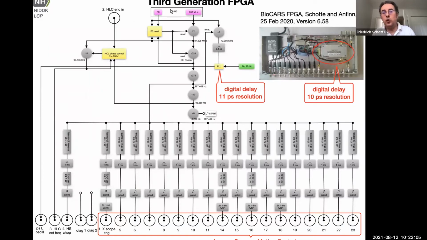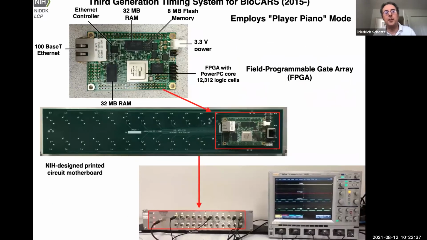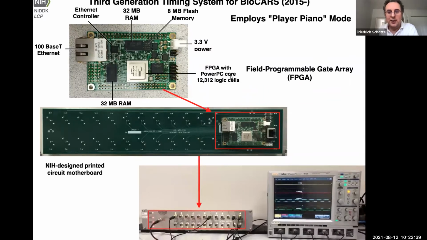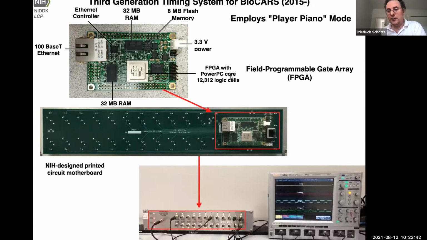We still have some core logic, because we need to derive lower frequencies from the very high megahertz synchrotron frequencies. That cannot be done in software, but everything below a millisecond can be done in software, in a way that on this chip, which hosts the FPGA, there is also a processor, a so-called PowerPC core, which can run a Linux-like operating system.